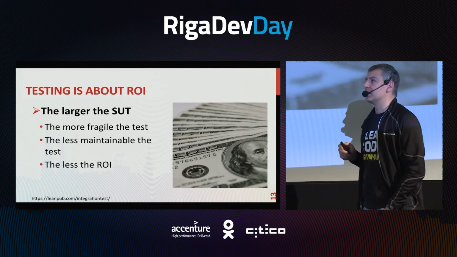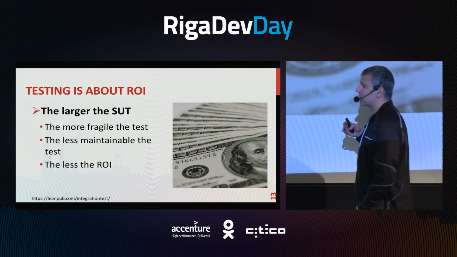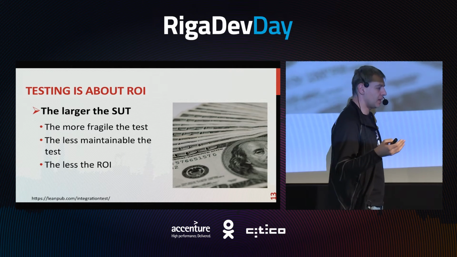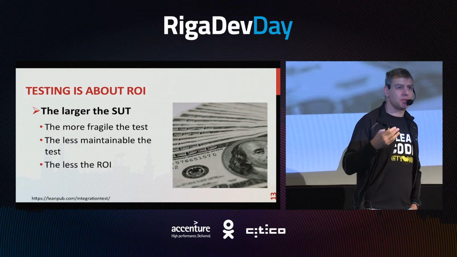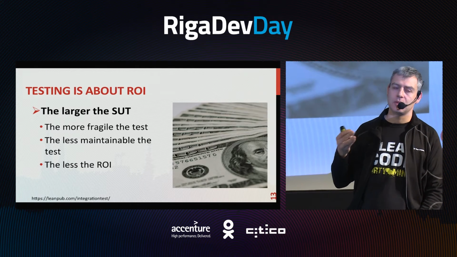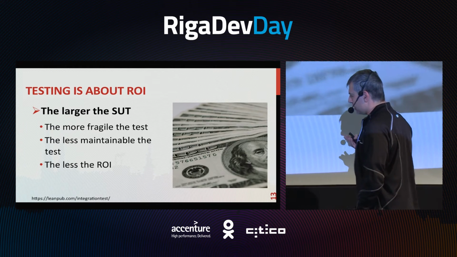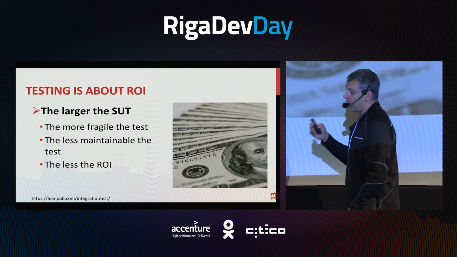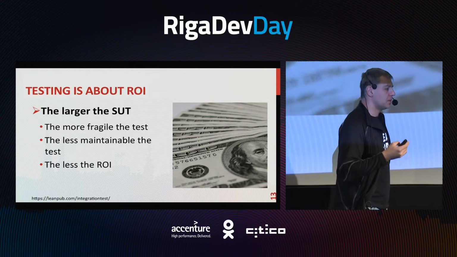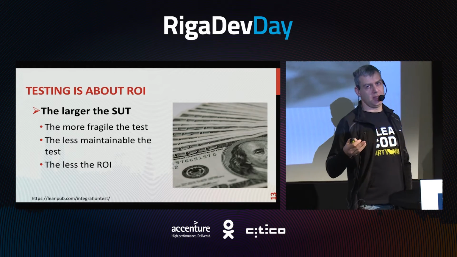Something important: testing is not about having the highest code coverage or doing better than your colleagues. You test because you save money in the long run. So it's about return on investment. What I noticed is that the larger the system under test, the more fragile it is, and so the less the return on investment is.